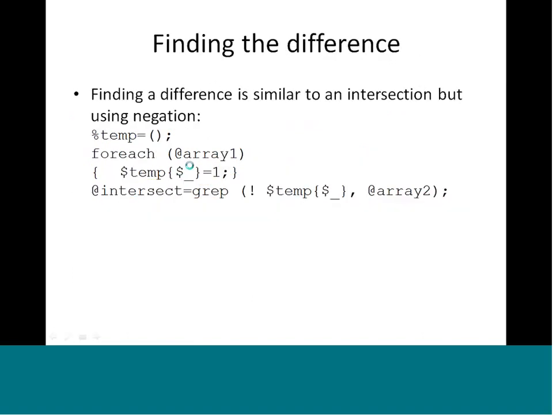What if you want to do a difference of two arrays? All we have to do is negate the search condition essentially. So we build the same array. The only thing is, when we do the grep, we put a bang in front of the $temp{$_}.